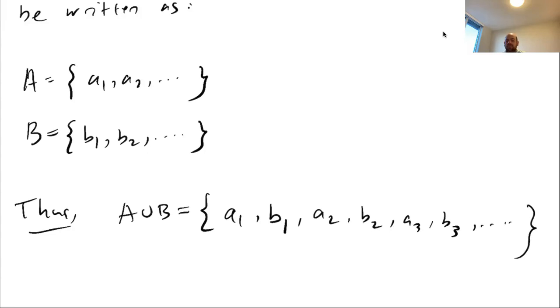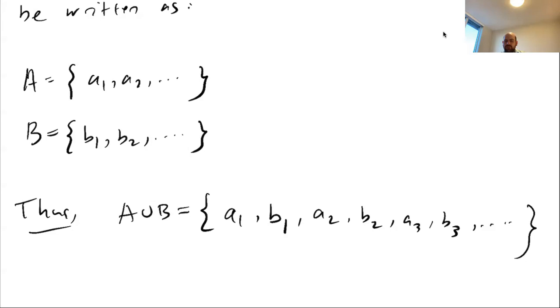See? All the elements of A and all the elements of B here are all listed. So first element of A union B is A1, second B1, third A2, fourth B2, fifth A3, sixth B3. So I have listed every element of A and B, and therefore every element of A union B.